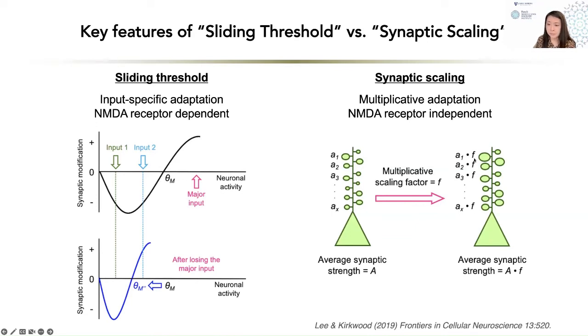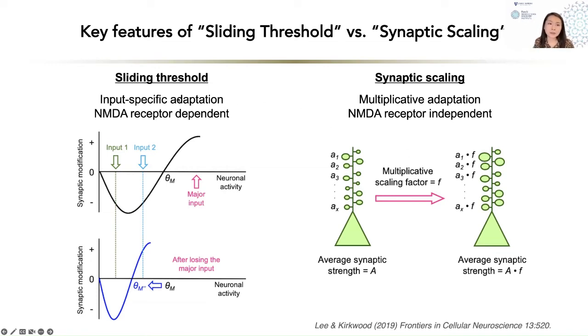by the same factor. So you can imagine that in this case, the plasticity will be input specific because now input 2, which used to be weaker, is going to be stronger, and this will still be weak. Whereas in the scaling case, if A1 and A2, one was stronger and one was weaker, they will both get stronger after the change.